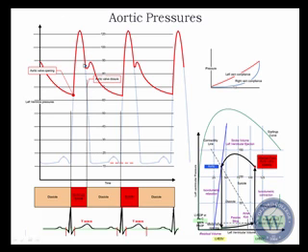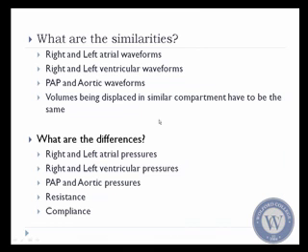So they had to find some kind of material that was a little bit elastic, so it would at least give some kind of rebound and then help maintain diastolic pressure. With a rigid tube, you begin to lose this ability to give you diastolic pressure. So one of the things that you see with severely calcified aortas is that you have very high systolic pressures, but at the same time very low diastolic pressures.